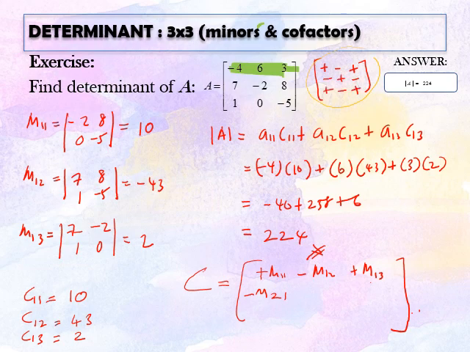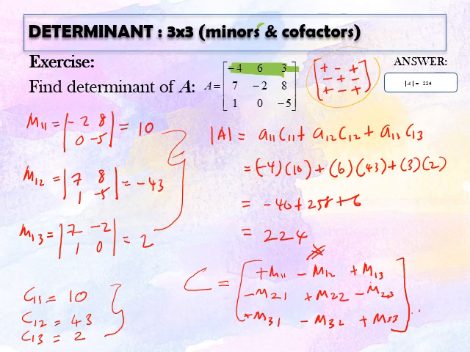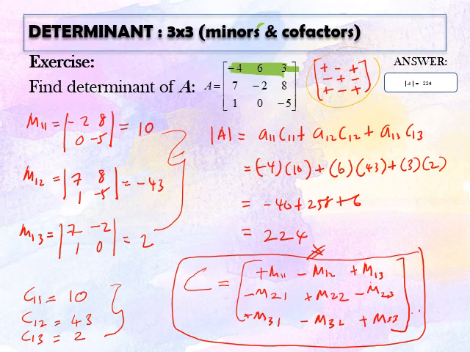And then positive of M22, negative of M23, positive of M31, negative of M32, and positive of M33, like that. So when you get these three values, you need to find the cofactor. The tips is here. You have to use the formula, but it's okay if you still want to use this formula, it doesn't matter.